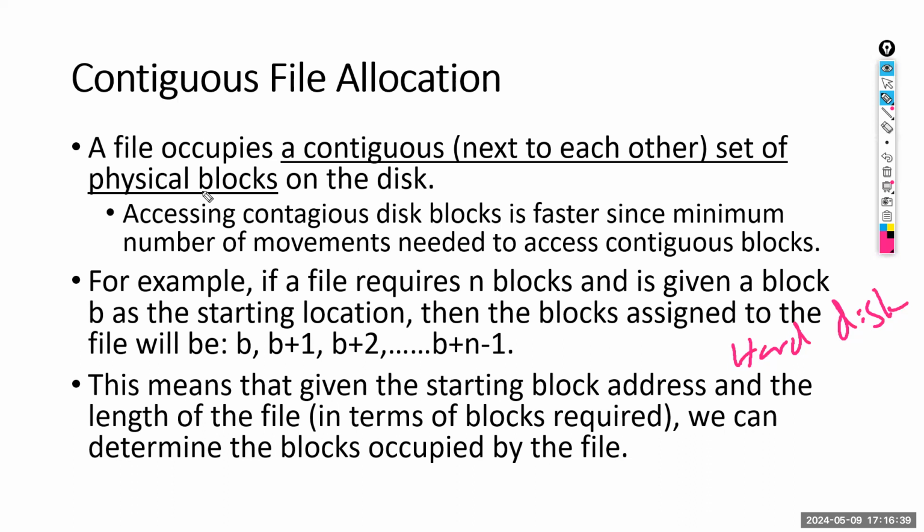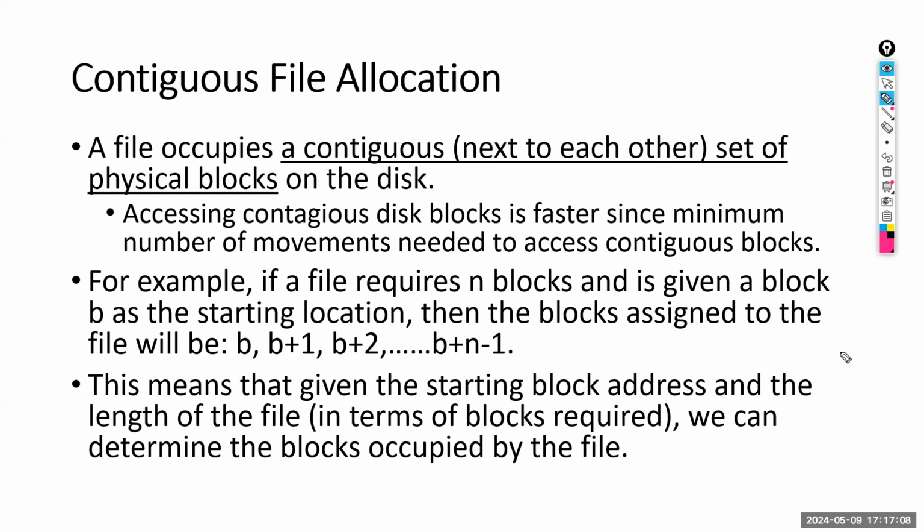Therefore, the focus on how files are allocated is more biased towards hard disks. How are your files saved in a hard disk? That is our main focus, not SSDs or anything else. So you must know a little bit about the hard disk, as we discussed in Topic 2, Introduction to Computer.